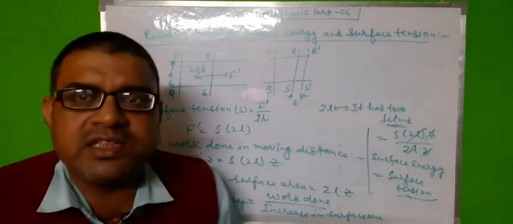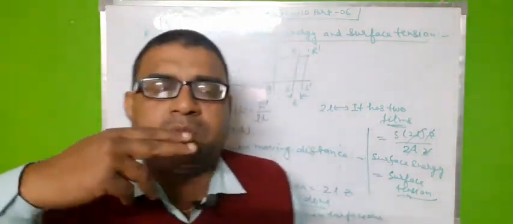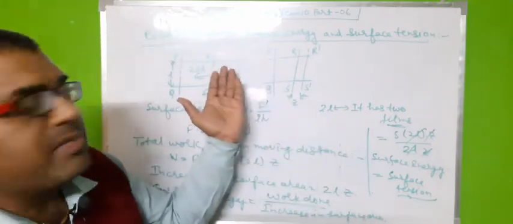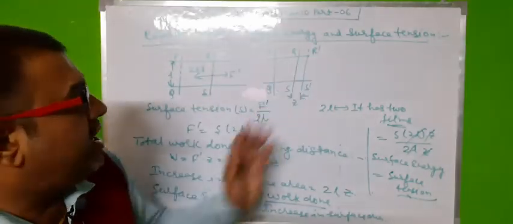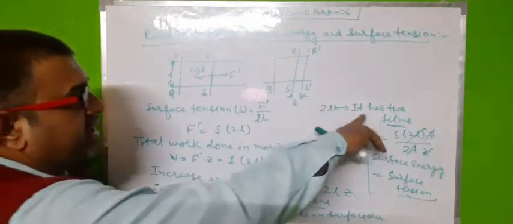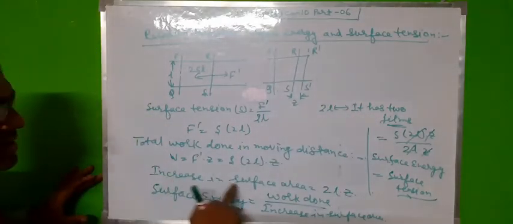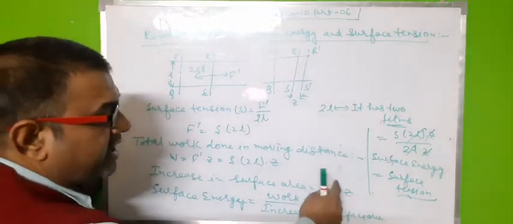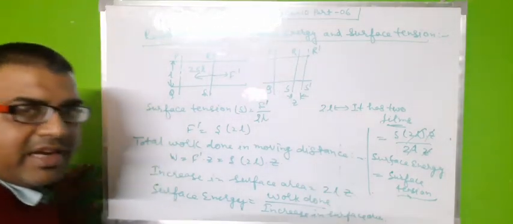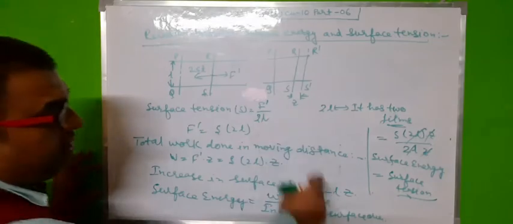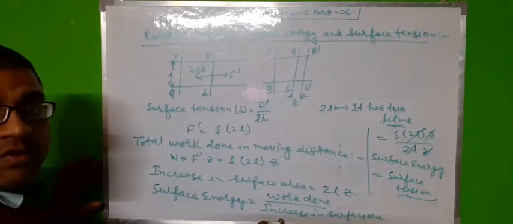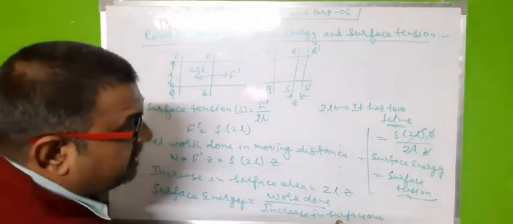Suppose you have seen that when you are blowing soap bubbles, a film is created, and so 2L is taken, it has two films. Increase in surface area is equal to 2L into Z. Length into breadth gives area, so it has two lengths, so 2L into Z. Surface energy is equal to work done upon increase in surface area.